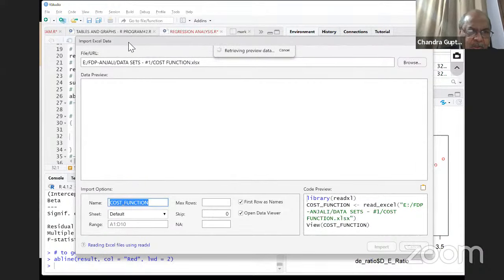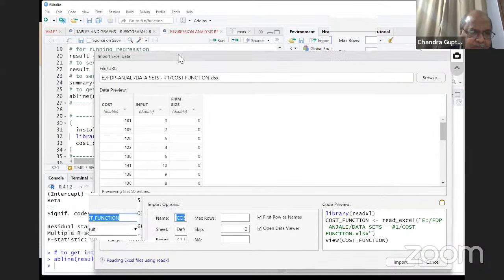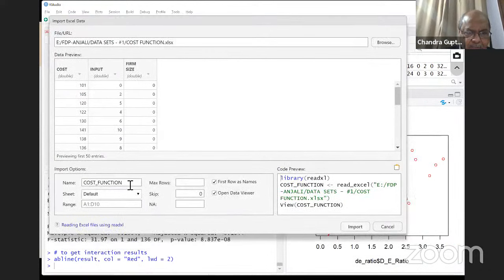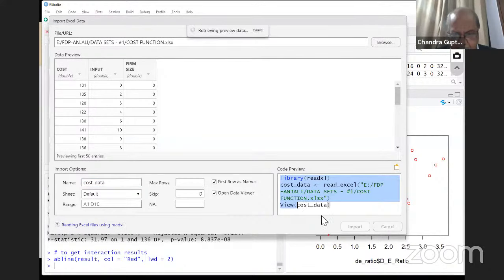Let me see what is the name I've used here. Cost data. Import.